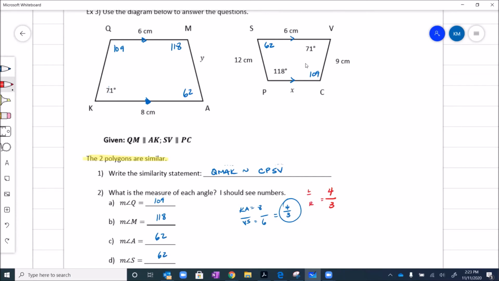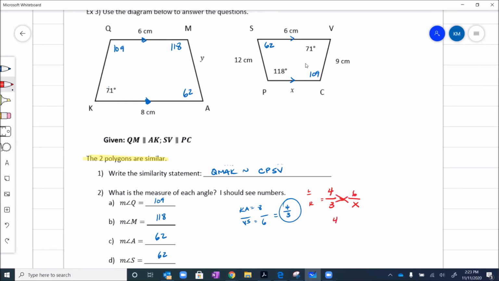And that helps me to organize that I put numbers from the left trapezoid up top and numbers from the right trapezoid in the bottom. And now I set up a proportion so I can solve for my unknown values. So if I'm trying to find x, x is in the right, I'm going to move it to the bottom. Its corresponding side length is QM, 6. And so now I have this ratio to solve.